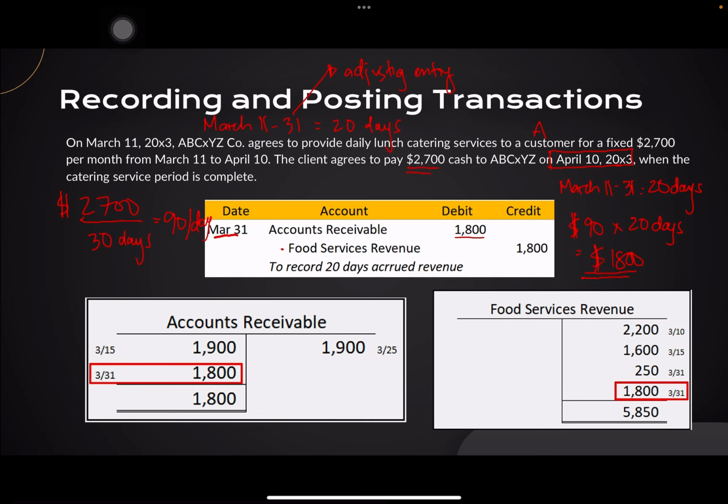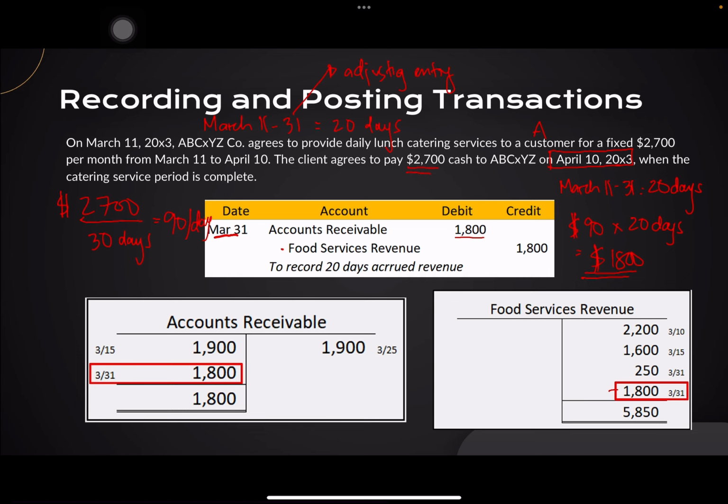That's why it is on the debit side. Furthermore, this food services revenue that we've generated will also be recorded in our T account or in our ledger as an increase by putting it on the credit side. You can see here $1,800 on March 31st.